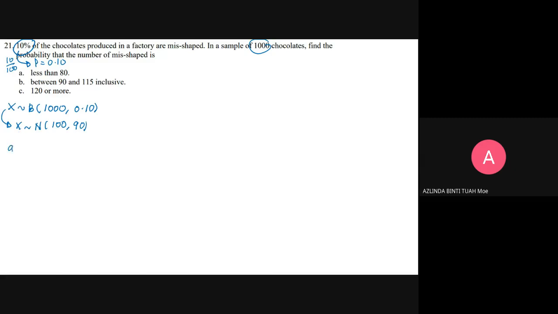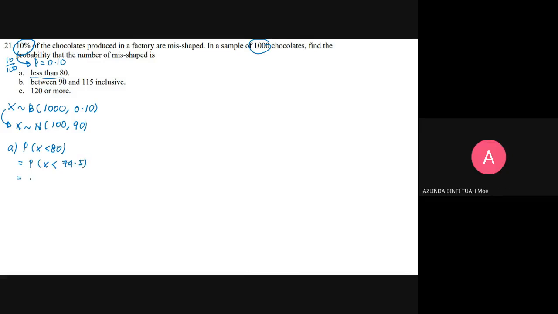Okay, part A. How do you convert the sentence to the symbol of probability in terms of P? P(X less than 80). So the first step, continuity correction, CC. 80 becomes 79.5.